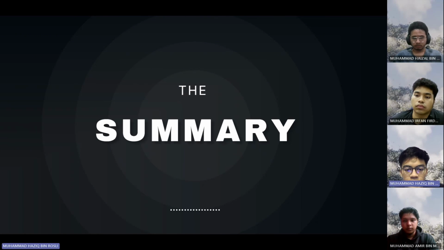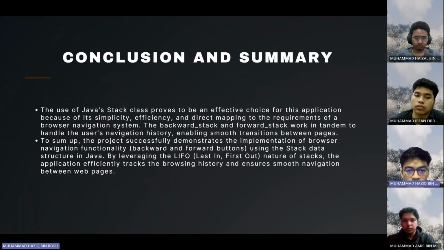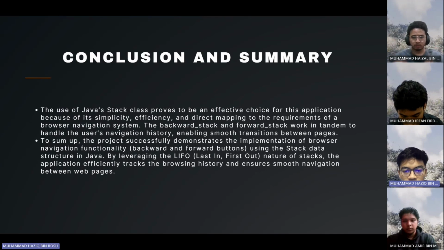Then the summary. For the conclusion and summary, the use of the Java Stack class proved to be an effective choice for this application because of its simplicity, efficiency, and direct mapping to the requirements of a browser navigation system. The backward stack and forward stack work in tandem to handle the user navigation history, enabling smooth transition between pages.